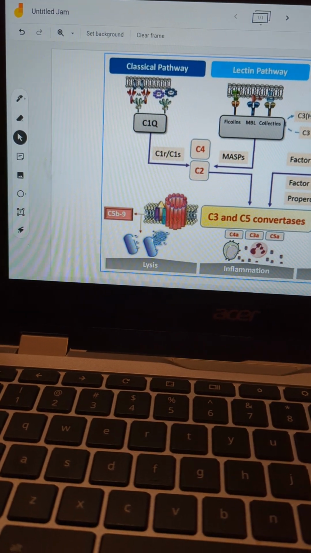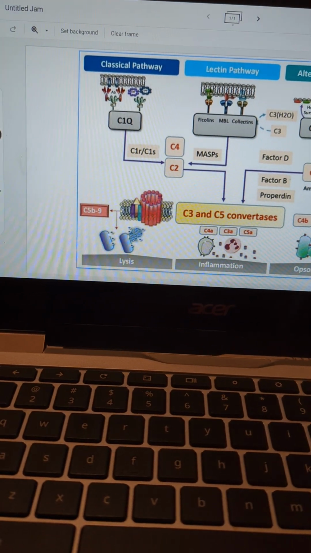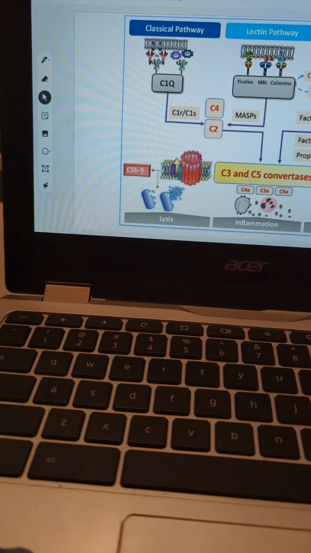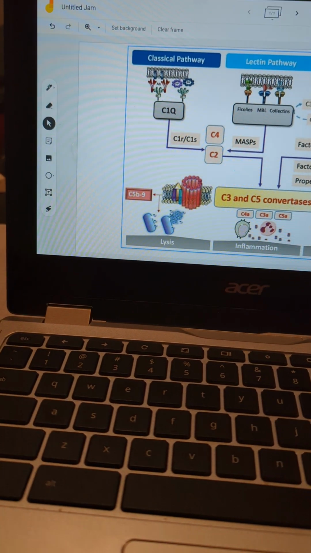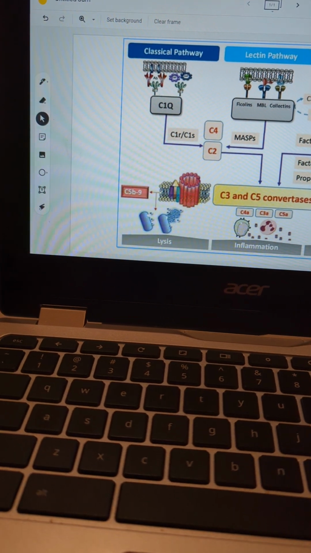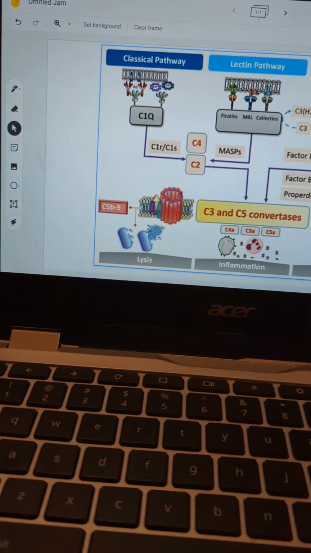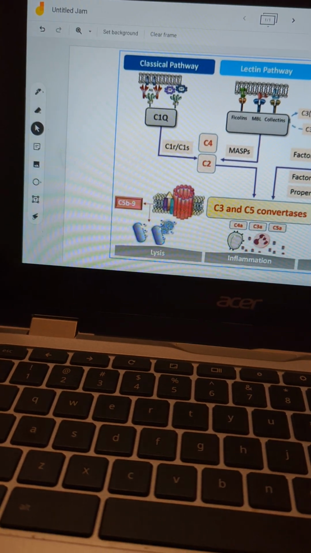When that happens, it allows C8 to bind with C7 in the cell membrane, and C8 allows C9 to bind with it. So it's this whole complex, right? So C5b, C6, C7, C8.